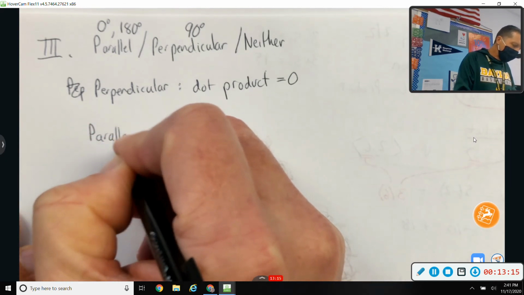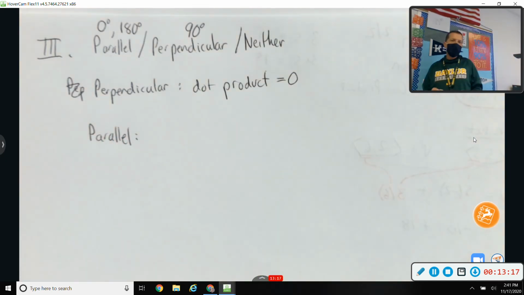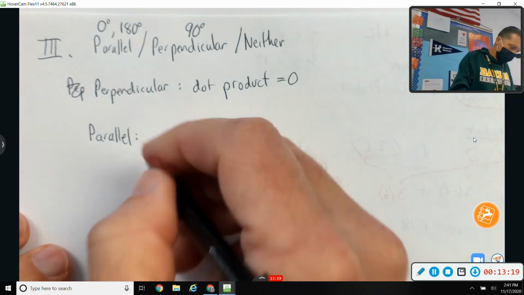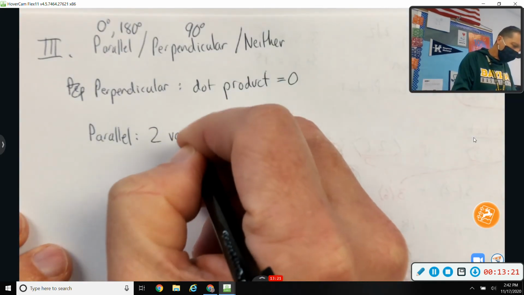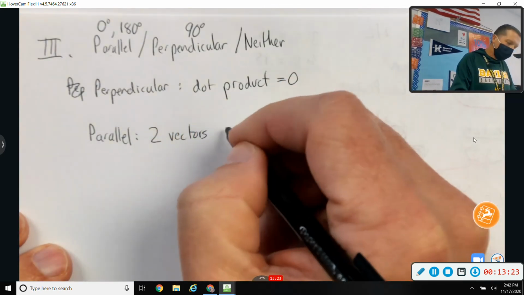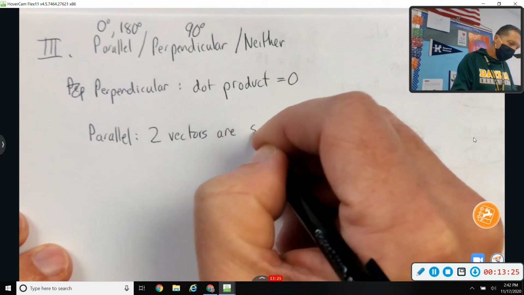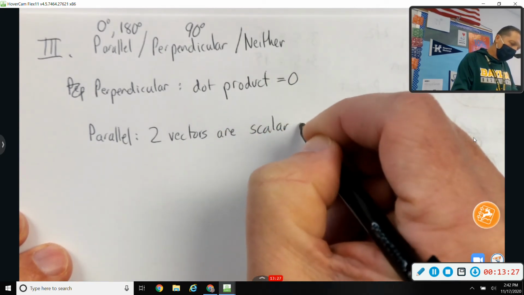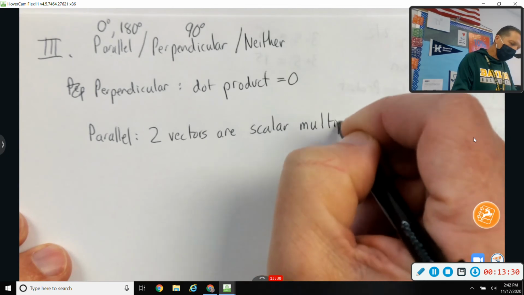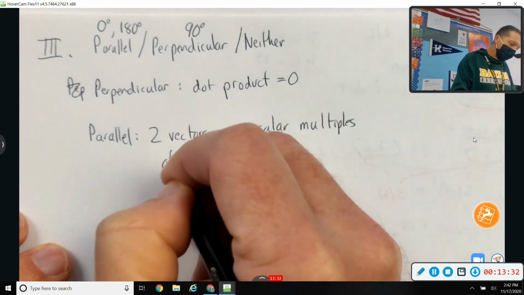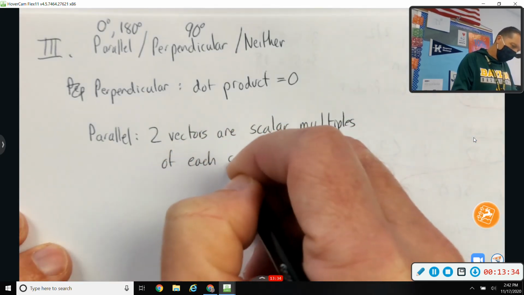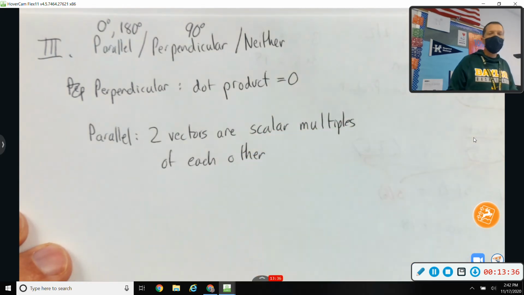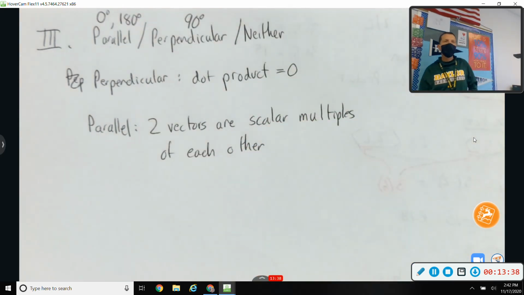Parallel is a little bit trickier. It's if the two vectors are scalar multiples of each other. We probably need to see an example of that.